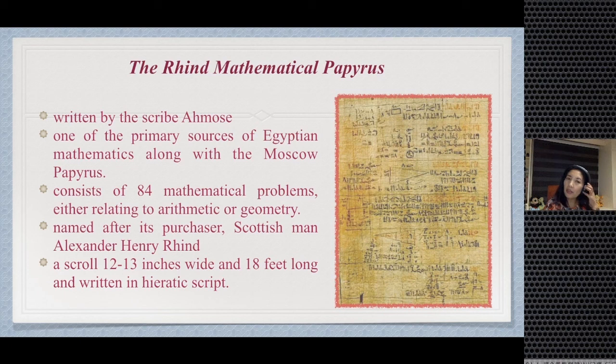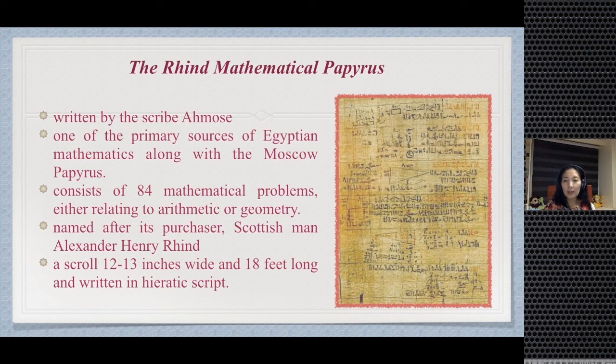It consists of 84 mathematical problems relating to arithmetic or geometry. The RMP was named after the one who purchased it, Alexander Henry Rhind, a Scottish man.